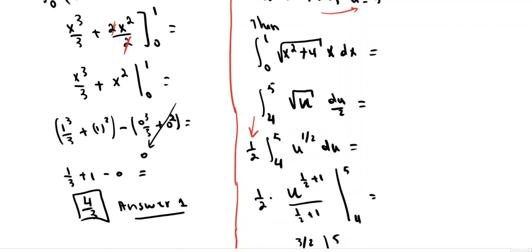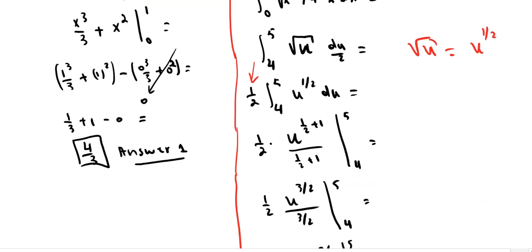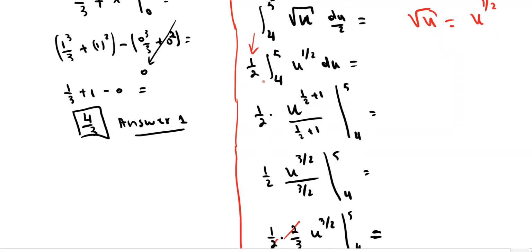So then we end up with integrating u to the 1/2, because the square root of u can be expressed as u to the 1/2, so you can use the power rule of integration, which gives you u to the 1/2 plus 1 over 1/2 plus 1, and then times 1 over 2.